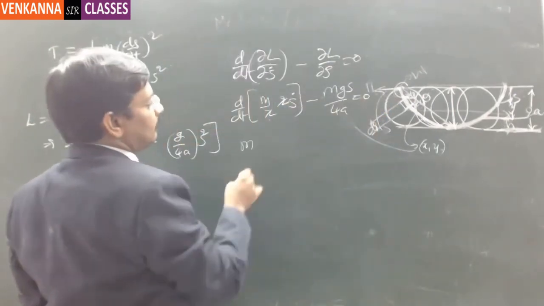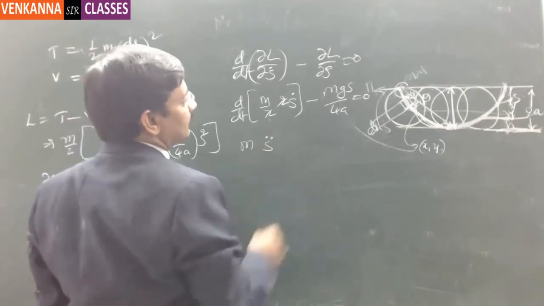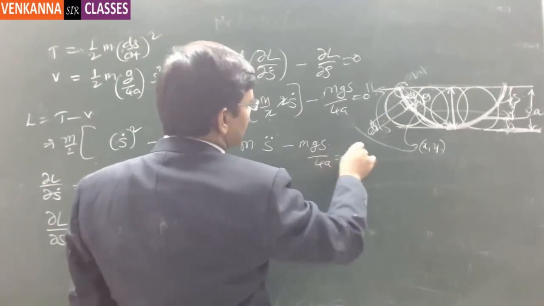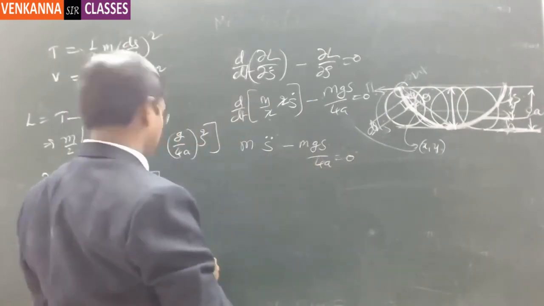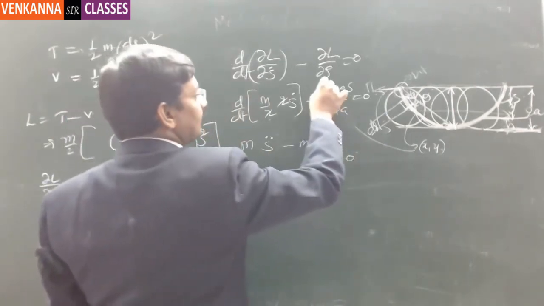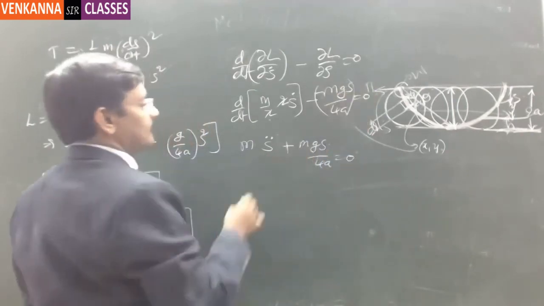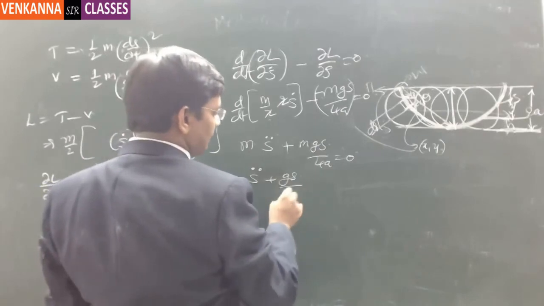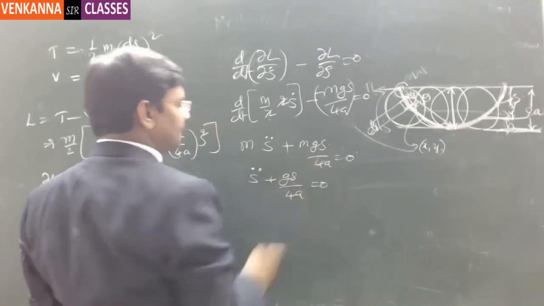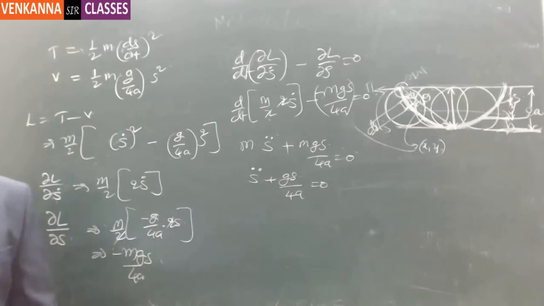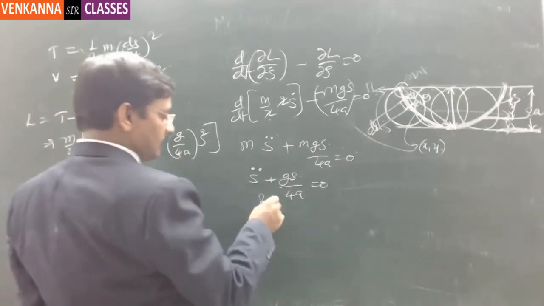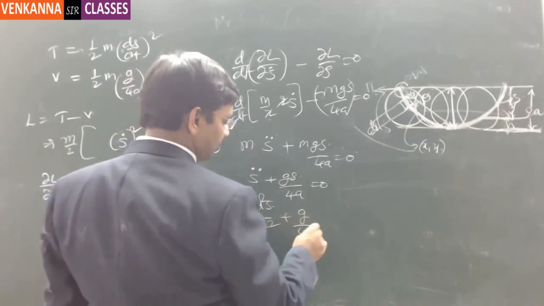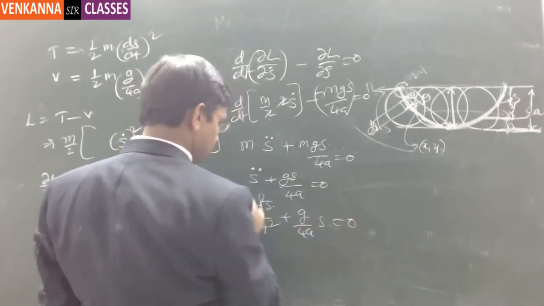Now this is m into s double dot minus mgs divided by 4a is equal to 0. So minus of minus here will be plus. So m will cancel out, s double dot plus gs divided by 4a is equal to 0. So this is the equation of motion, or in general d square s by dt square plus g by 4a times s is equal to 0.